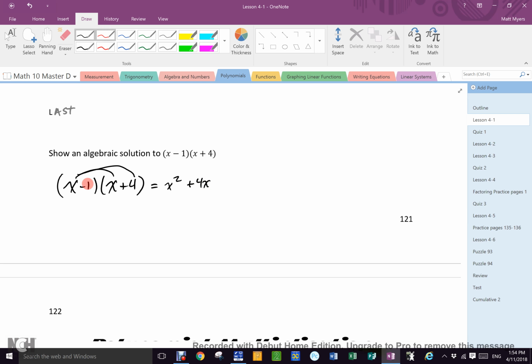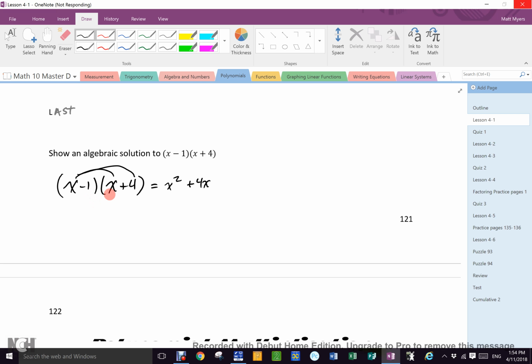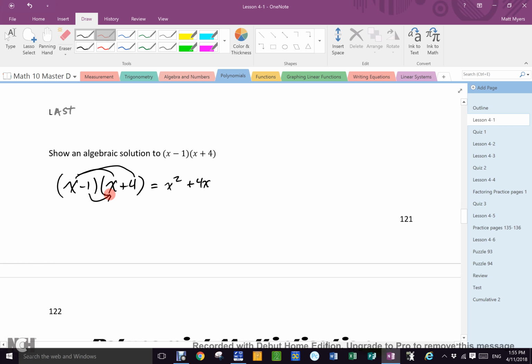Lovely. Now I have to distribute the negative 1. What's negative 1 times x? Negative 1x. And in this case, I'm actually going to write it. Negative 1x. And what is negative 1 times positive 4? Negative 4. And then I combine them. X squared plus 3x minus 4. Does everybody see how it works?